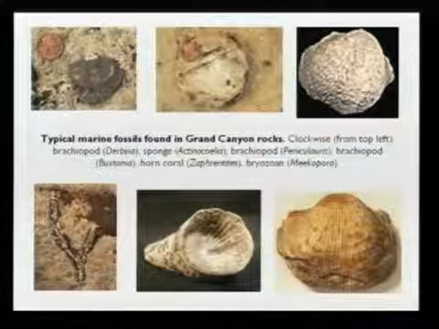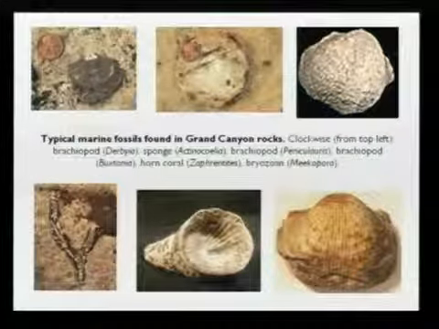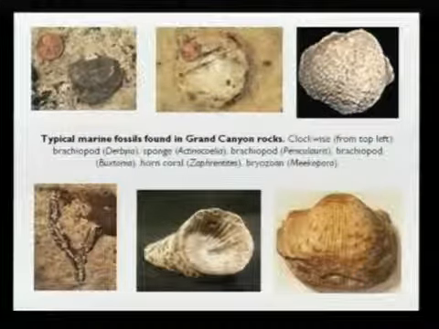Now, how did they get to their present location? That's the question we need to ask. How did they get to be where they are today, so high above present-day sea level? Well, there's really only one viable explanation. At some time in the Earth's past, the ocean waters must have transgressed onto the high continents.